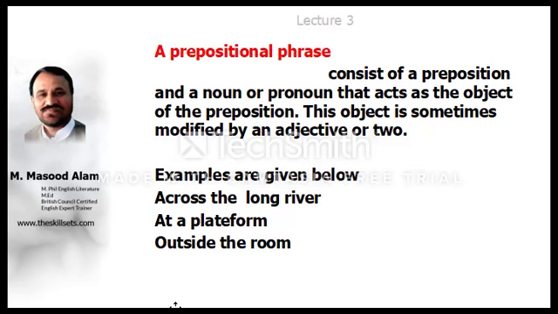Okay, outside the room. The room is the object of the preposition outside, and here the is the determiner, and we can say that the is a modifier as well. So outside the room is a prepositional phrase.